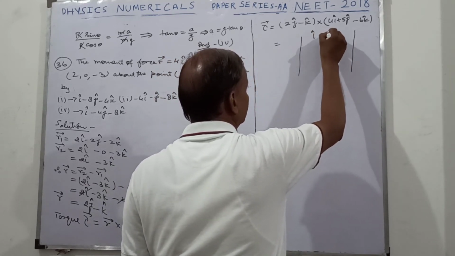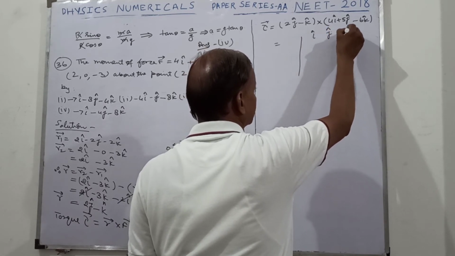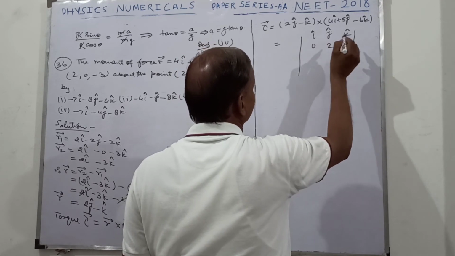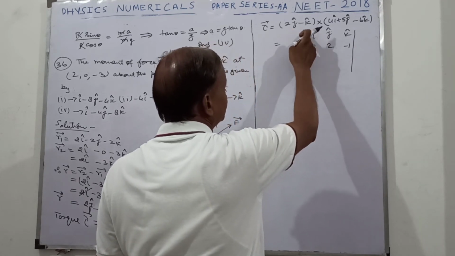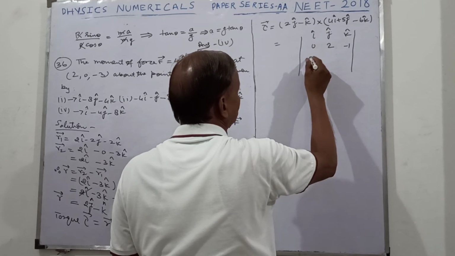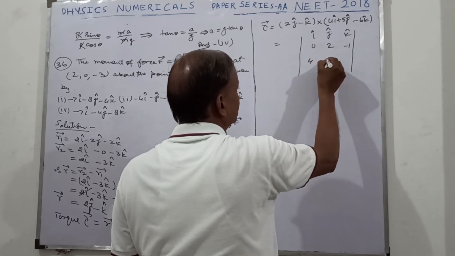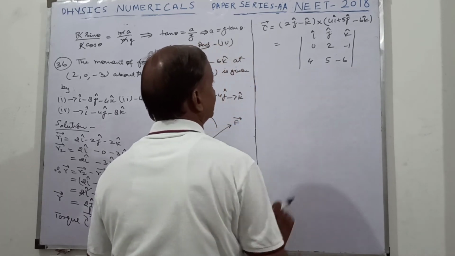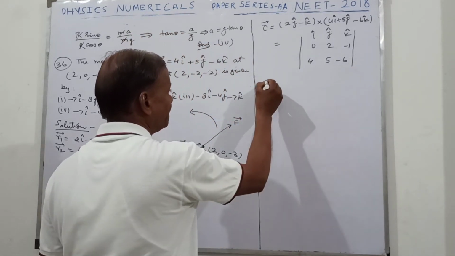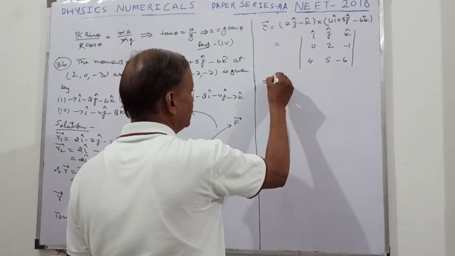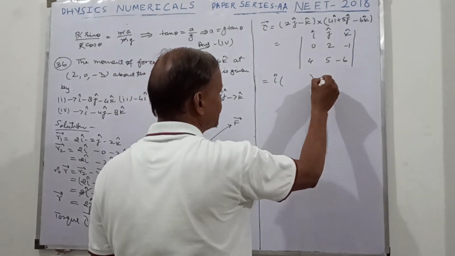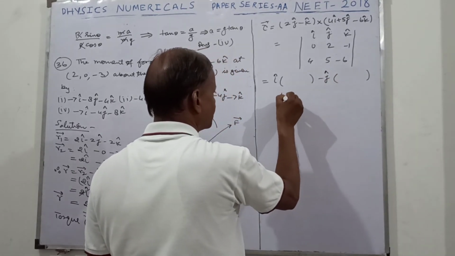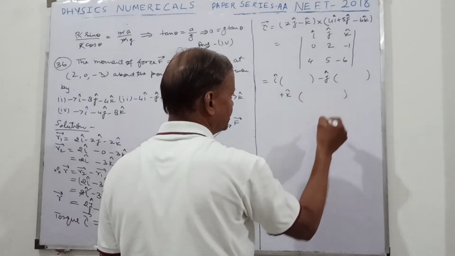This is i, this is j, this is k. First row i, j, k. Then the coefficients of R: 0, 2, minus 1. Then 4, 5, minus 6. Now we find this with brackets: i with brackets, minus j with brackets, plus k with brackets.